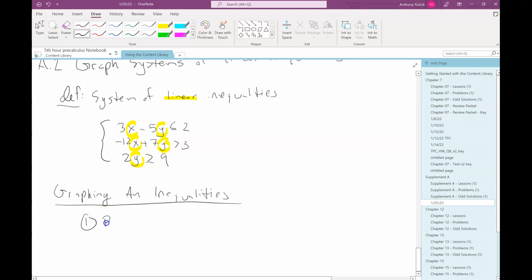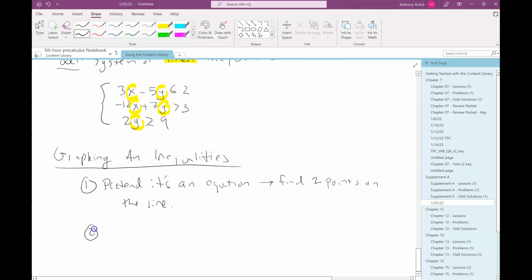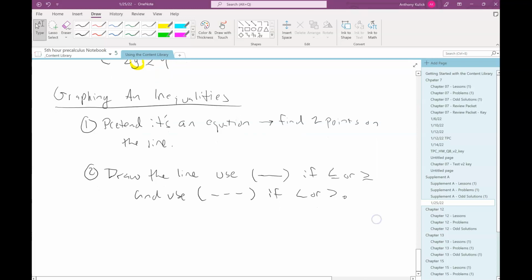So the first step is to pretend it's an equation and find 2 points on that line. After we've done that, we would plot our 2 points and then draw our line.